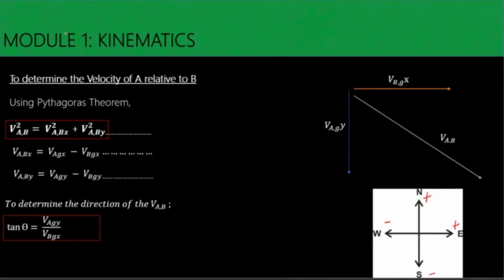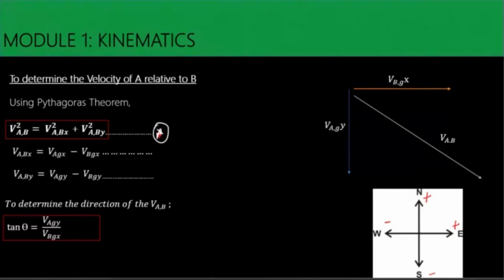How do you determine the velocity of A relative to B? I will be going straight to what you need when you have a system of this manner. Okay. So there is an equation here that I want you to write down in your notebook. This is actually like a Pythagoras theorem formula.